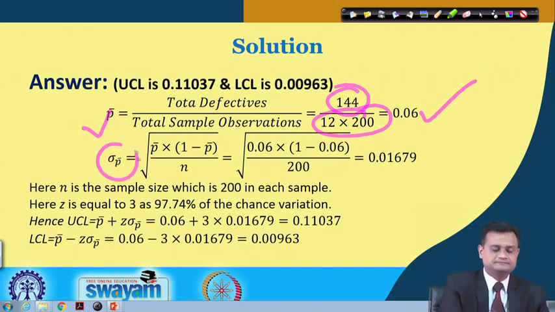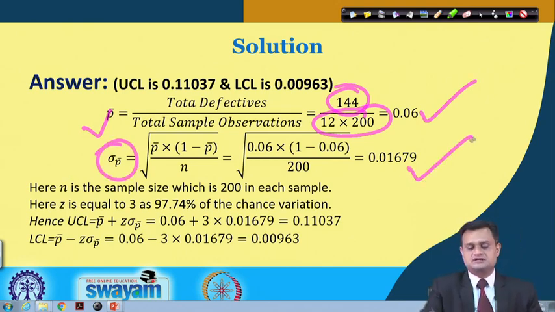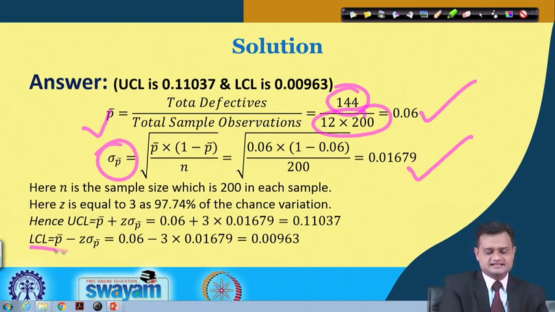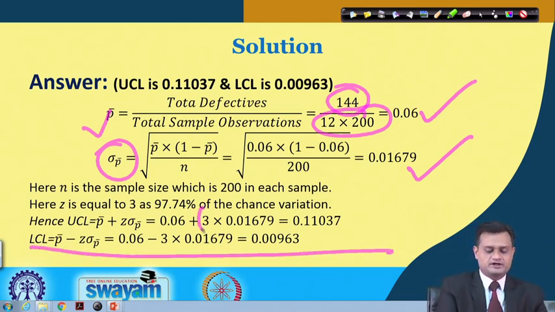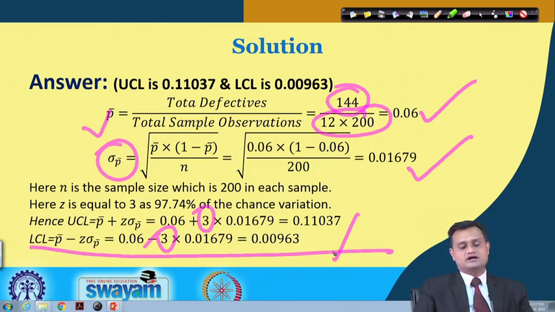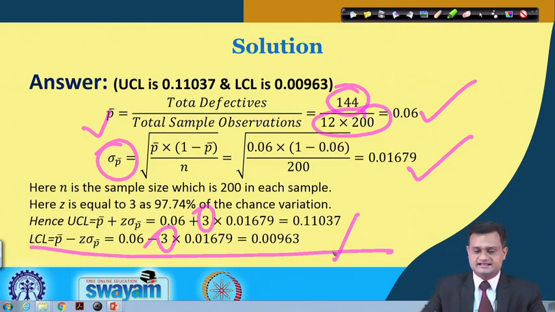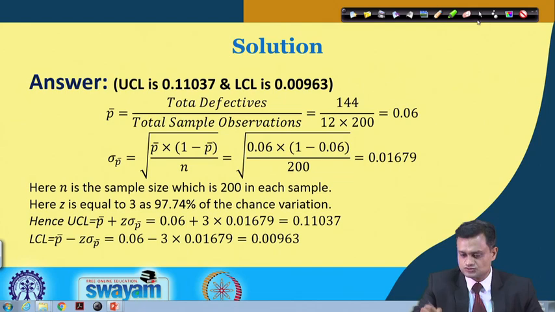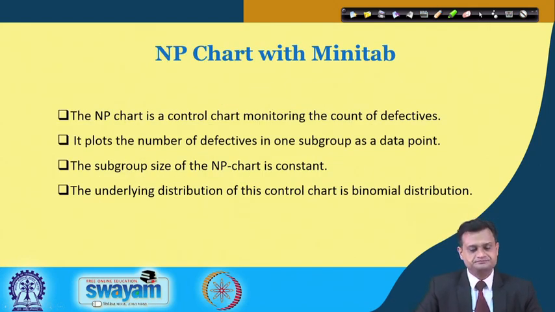I can also find the standard deviation, which comes out to be 0.01679. Now I can easily set my control limits at plus or minus 3 sigma, and the upper control limit comes out to be 0.11037 and the lower control limit 0.00963. So this is what I have calculated manually, and you can also use your Minitab software to check whether your computations are exactly plotted or not.